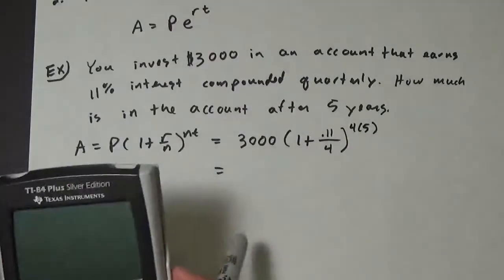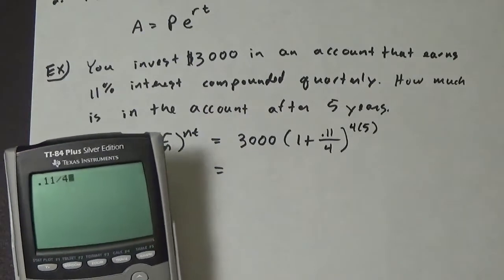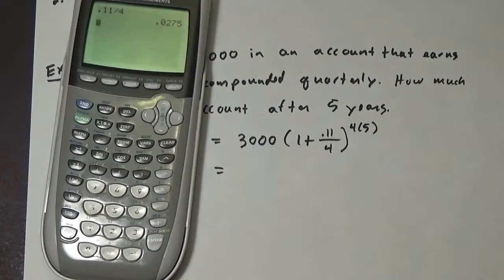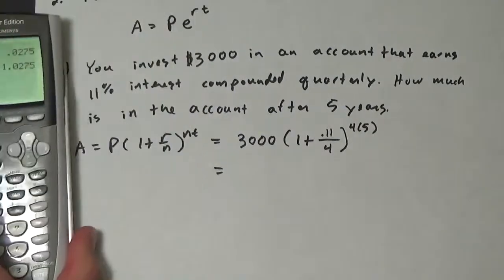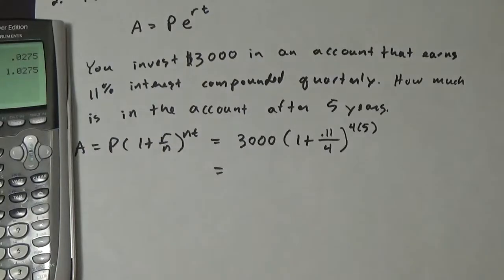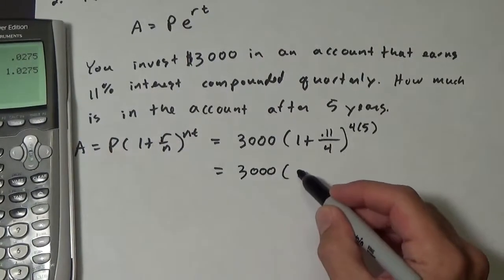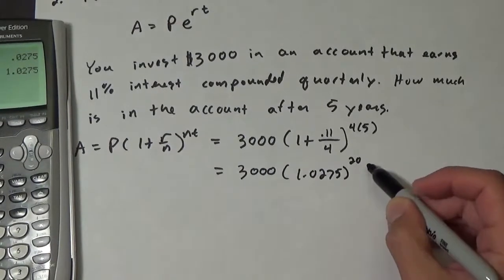Now, look what happens here. Let's see, 0.11 divided by 4 is 0.0275, and we add 1, and that becomes 1.0275. So we end up with 3,000 times 1.0275 raised to the 20th power.